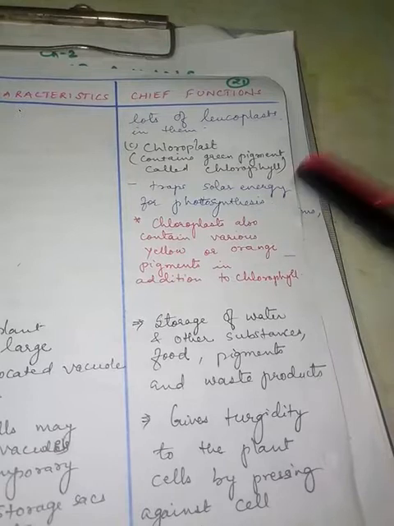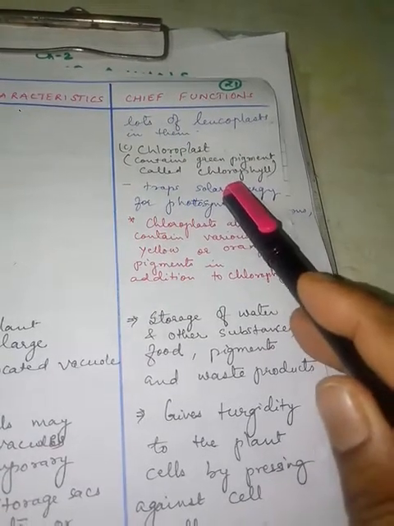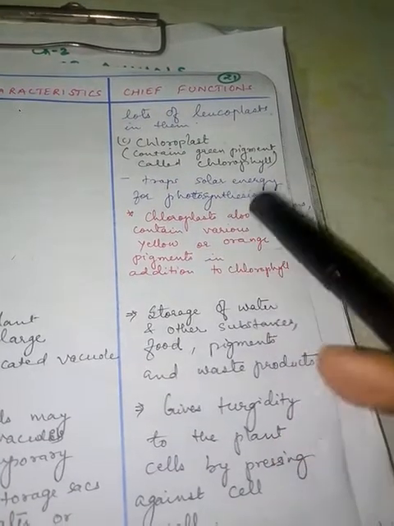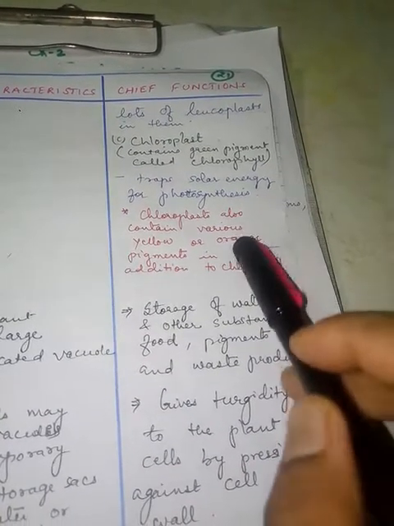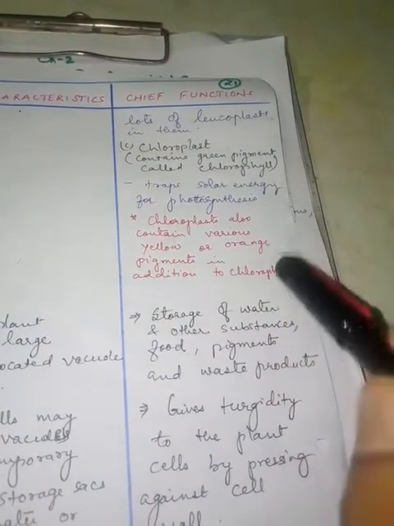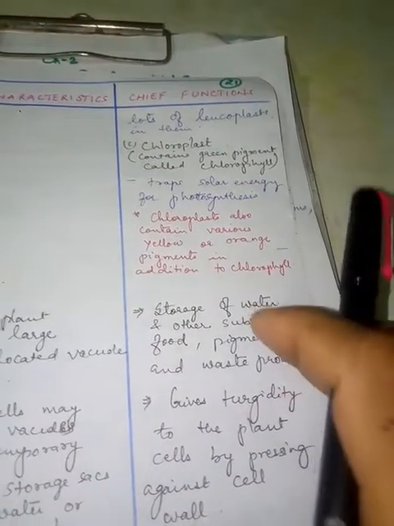And we all know that chlorophyll is very essential for carrying out the process of photosynthesis, because the very first step of photosynthesis, that is the trapping of solar energy, is possible just because of this chlorophyll.